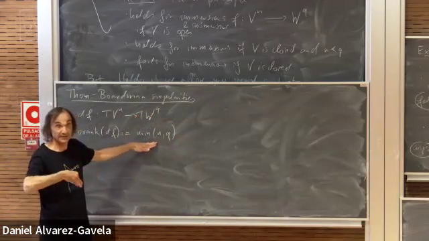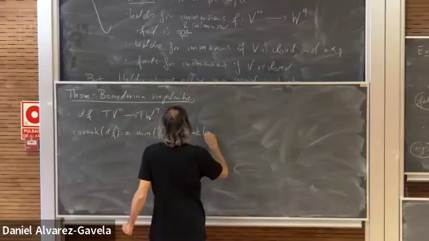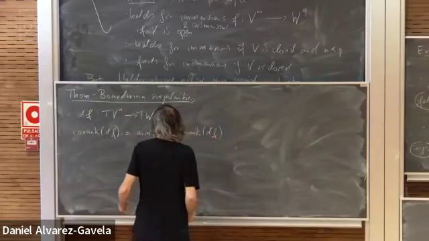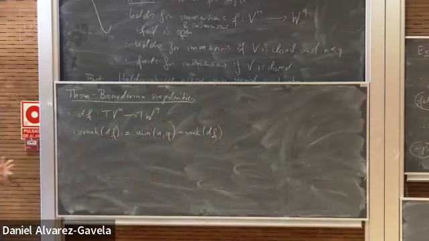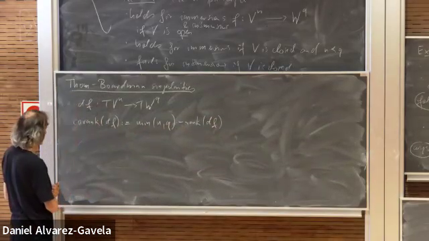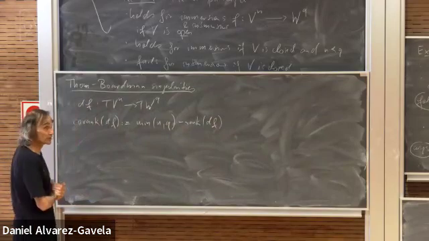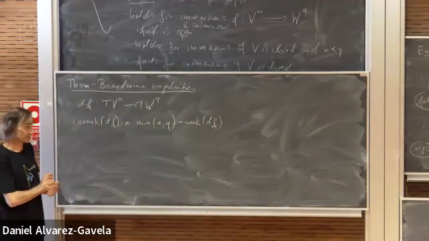So it's somewhat the deviation from having maximal rank. So I should take this at one particular point, because this is changing from point to point. Okay. So for immersions and for submersions, the co-rank is 0.